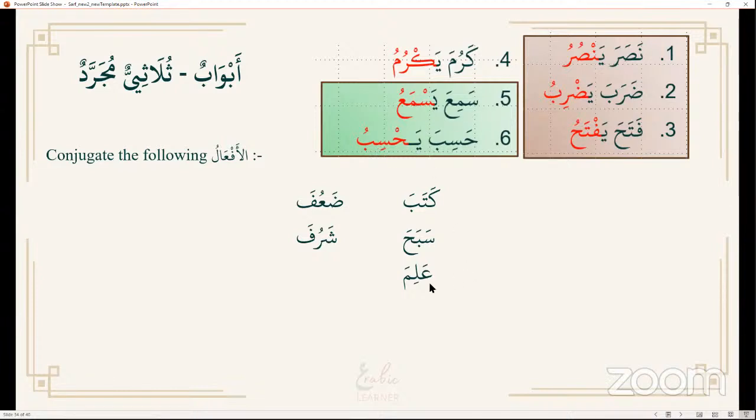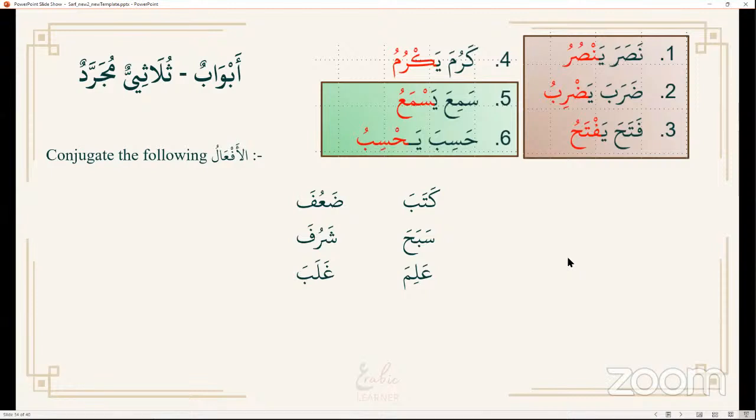Alima ya'lamu. So this belongs to Bab Sami'a. Is it clear, all of you? Alima ya'lamu. Okay.